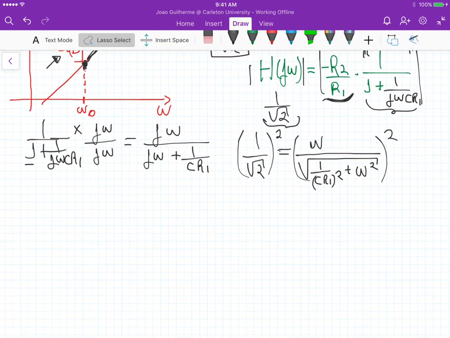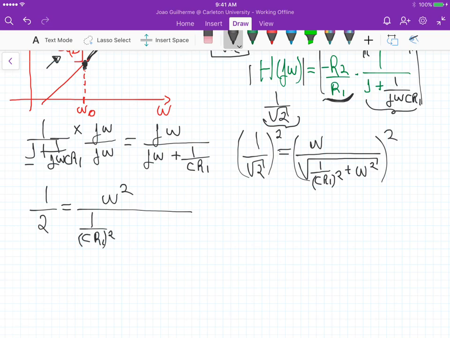Okay, so let's keep with this one here. So it becomes 1 over 2 equals omega squared divided by (1 over CR1) squared plus omega squared, right? So if we take these two up there, we get 2 omega squared, right? This 2 multiplies this omega here, and that equals (1 over CR1) squared plus omega squared.